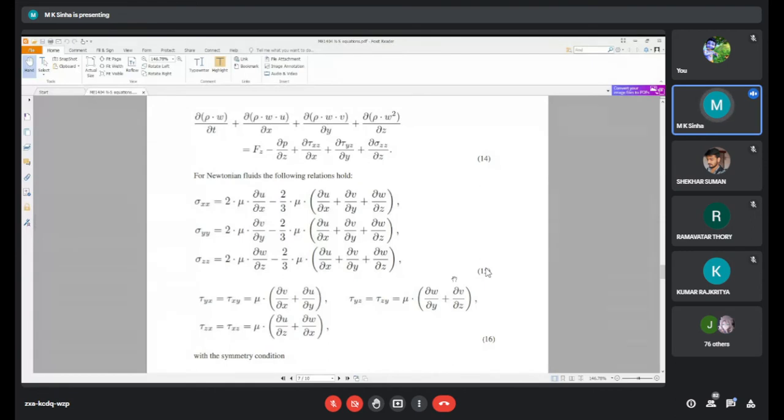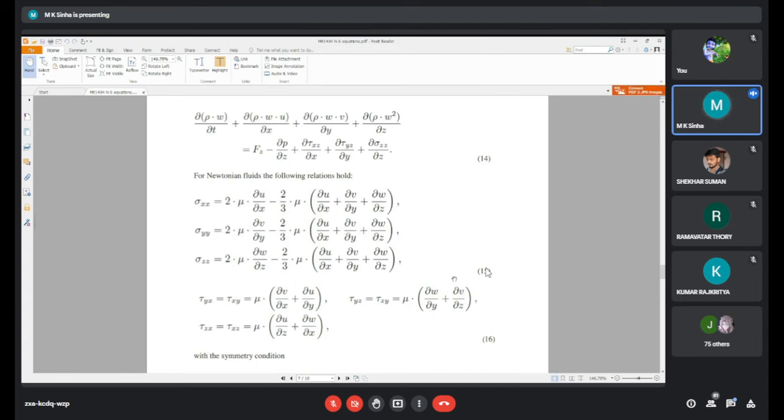Then we are writing these relations, not arbitrarily. So tau xy, tau yz, tau zx. This is our symmetry, that is a consequence.